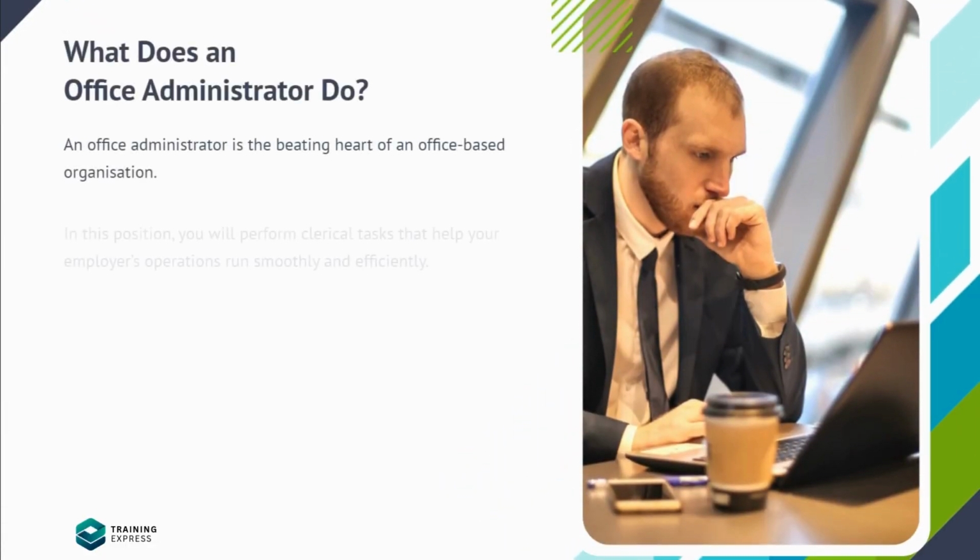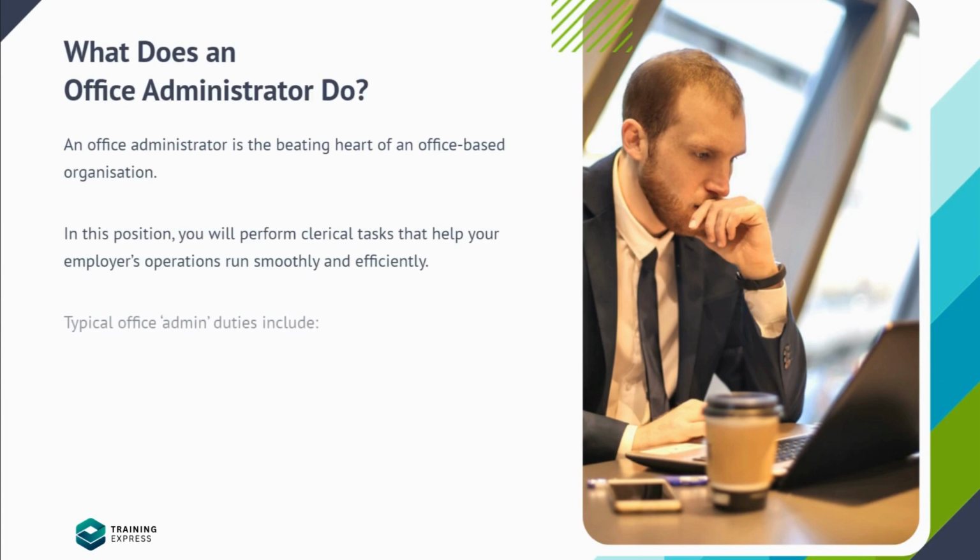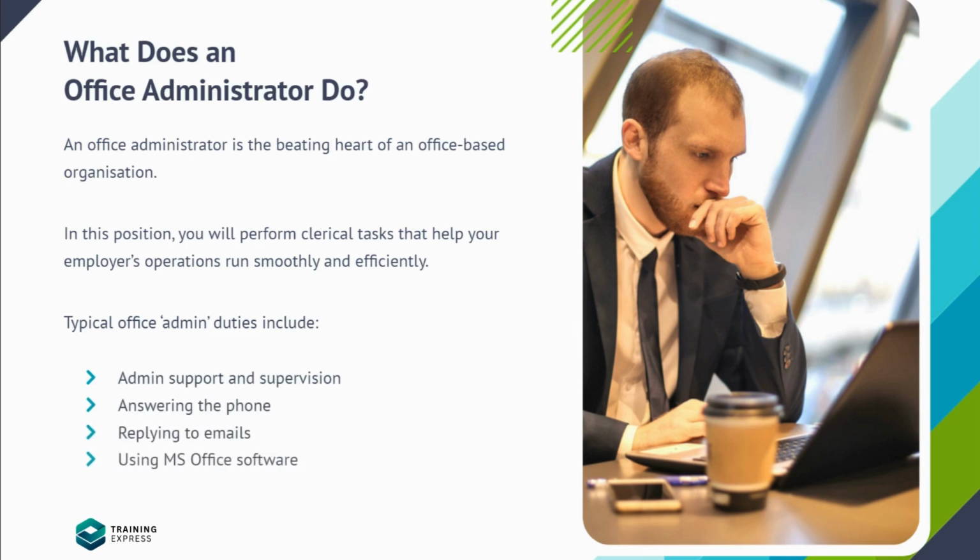What does an office administrator do? An office administrator is the beating heart of an office-based organization. In this position, you will perform clerical tasks that help your employees' operations run smoothly and efficiently.